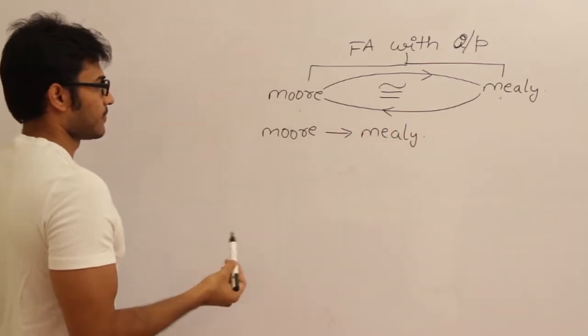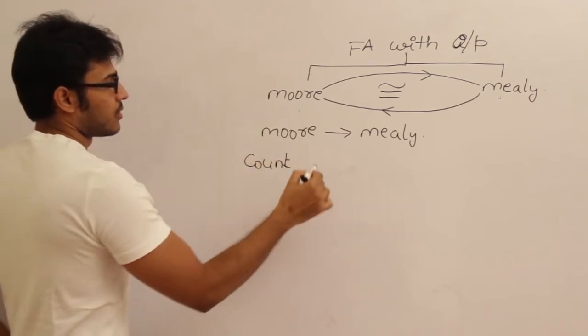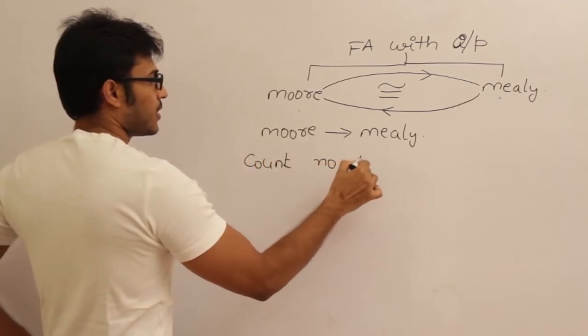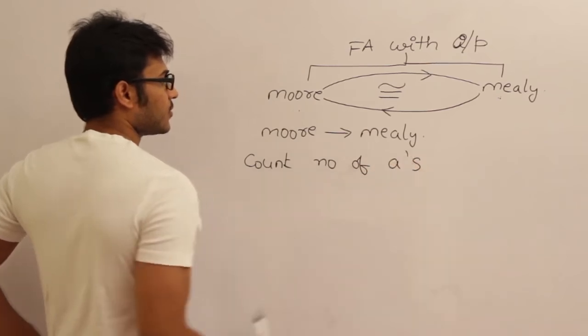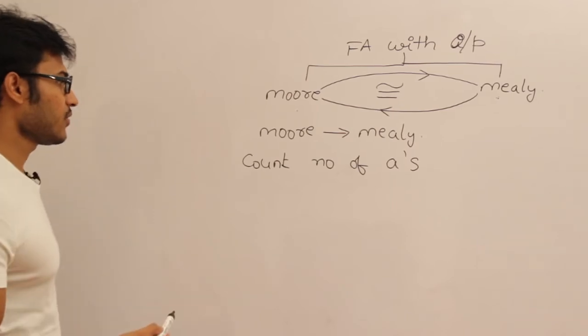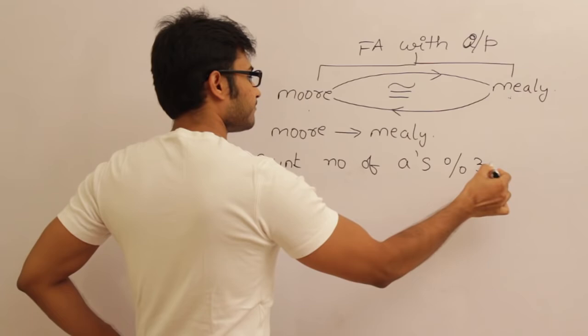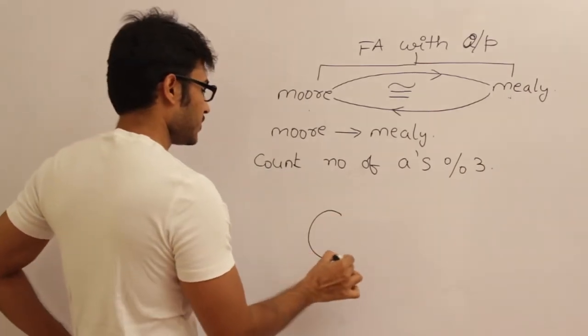Let us say I want to count the number of A's using a Moore machine, or I want to print out the number of A's mod 3. Then the Moore machine is going to look like this.